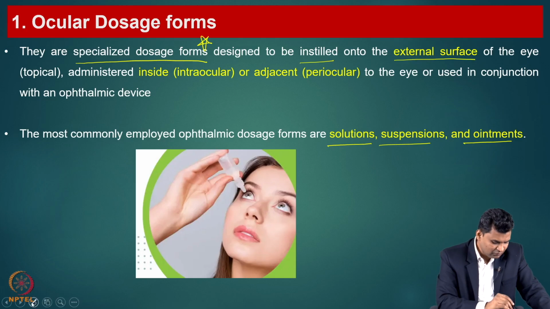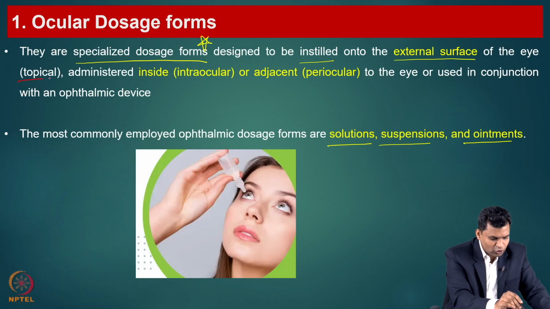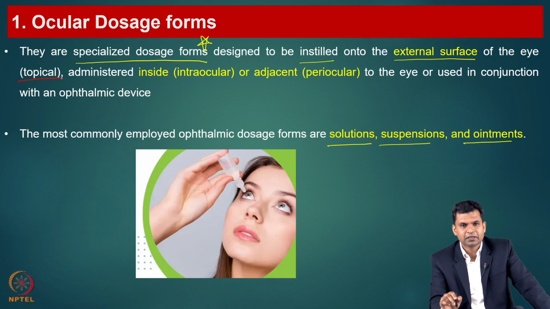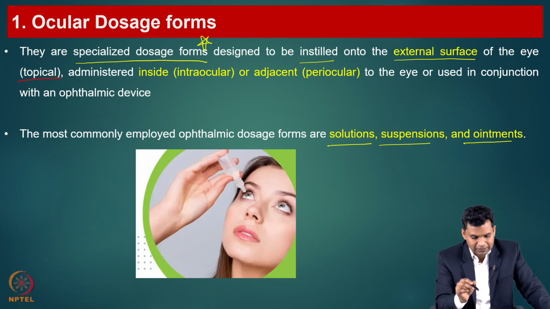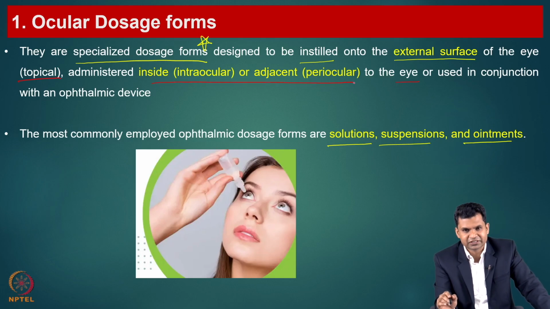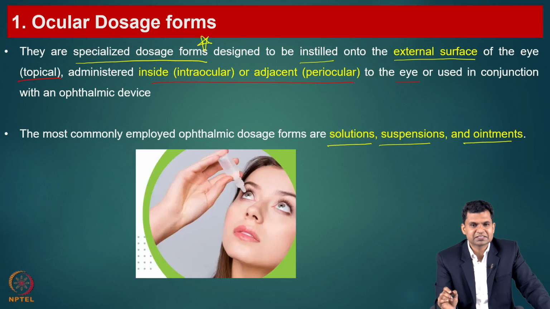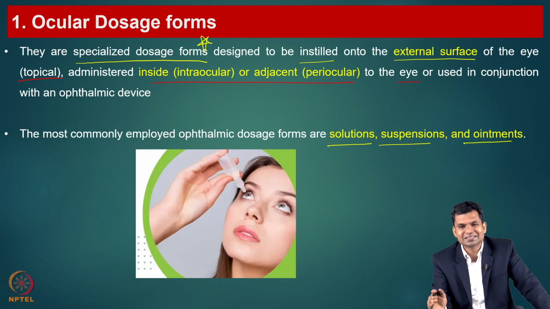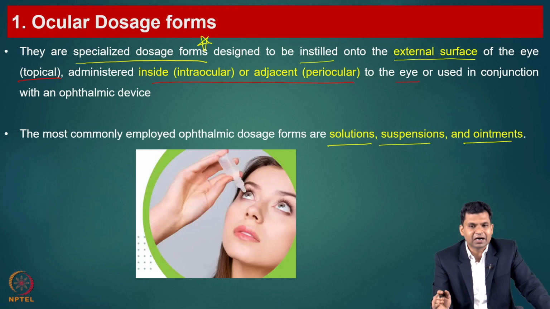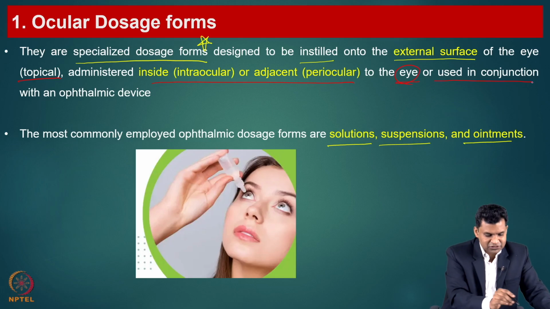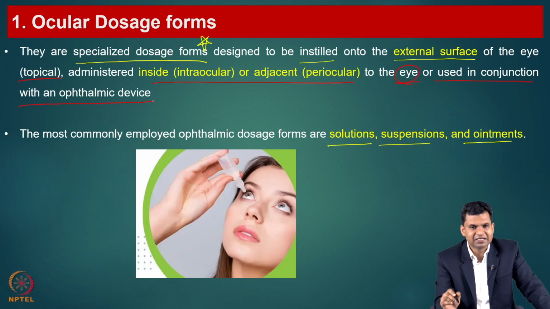Here it is considered a topical formulation, and when you administer inside the eye, in the intraocular or periocular region, these are called intraocular or adjacent eye formulations. We administer on the eye, and sometimes we use them in conjunction with ophthalmic devices.